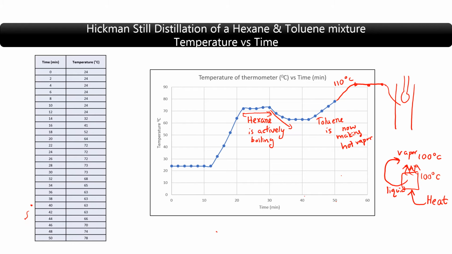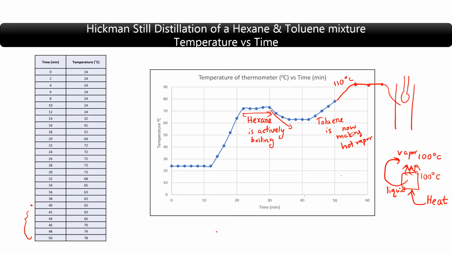But I added these extra minutes with some extra data points to show you how it can decrease, and then it can start increasing again as toluene starts to turn into vapor.